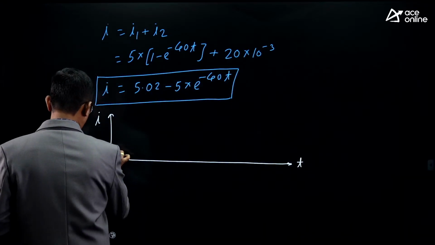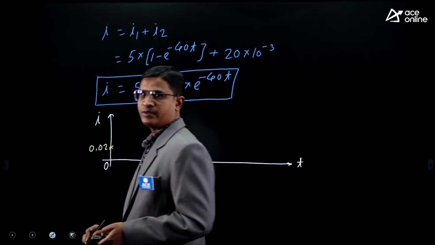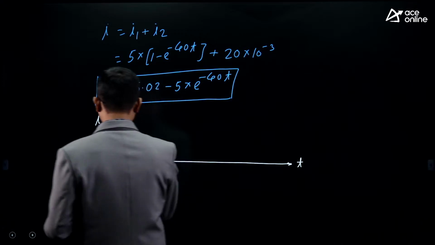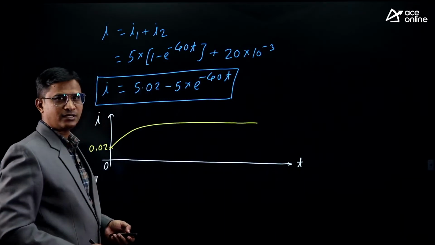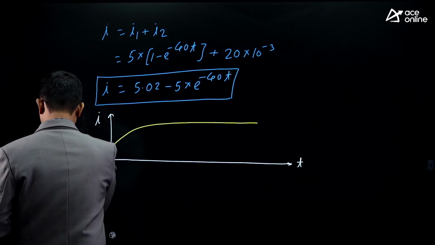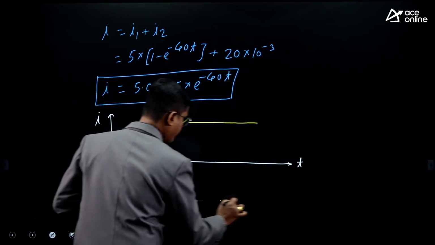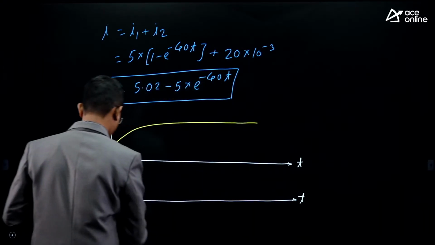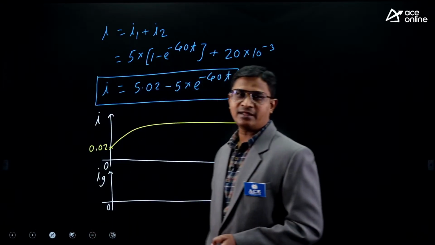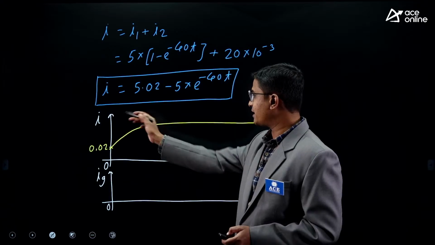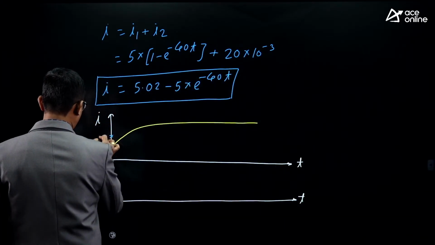After that, it goes on increasing and it will reach the final value. All right. Now, how is the Ig? Ig is like this. Yes, we need to maintain the gate signal till SCR current reaches which value? Latching current value. So suppose somewhere it will reach the latching current value.